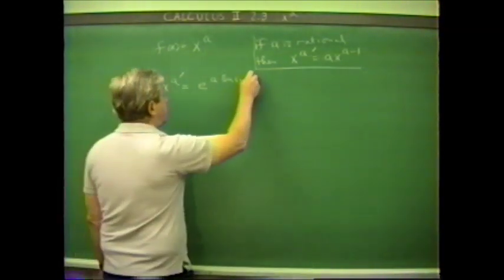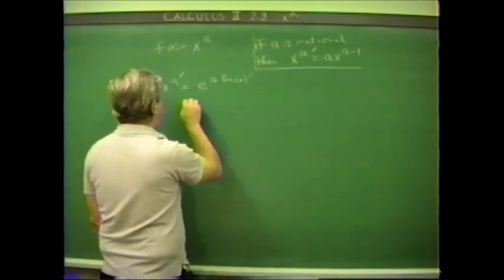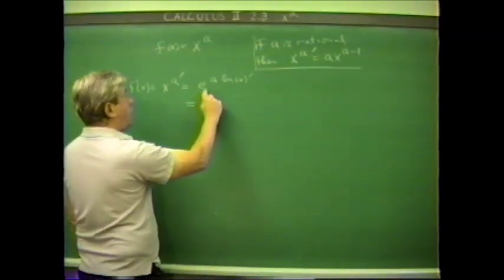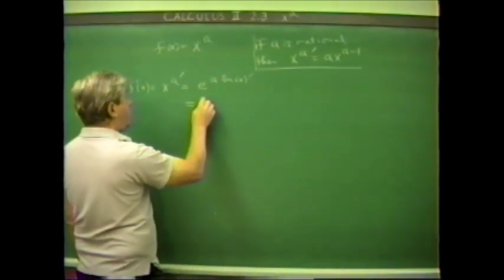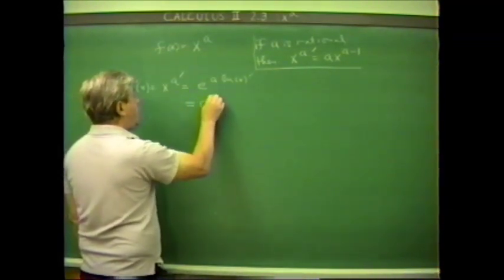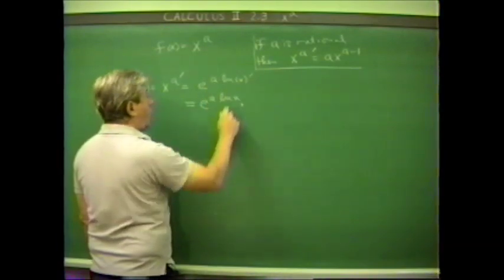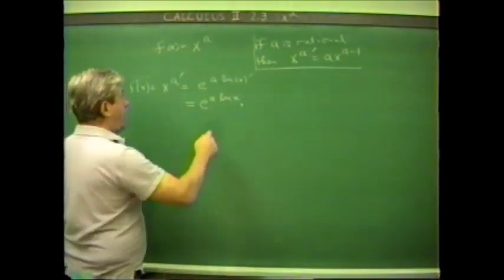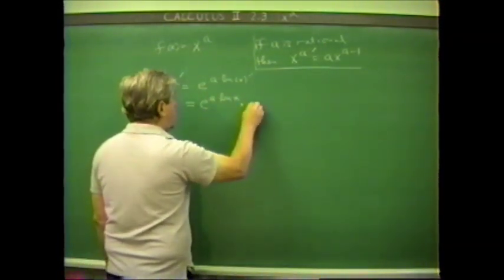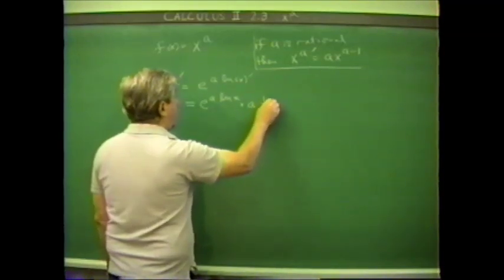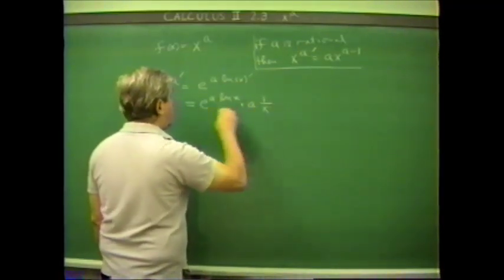So we want the derivative of this. This is a composition, so the derivative is e to the a log x times the derivative of a log x. a is a constant, and the derivative of log x is 1 over x.